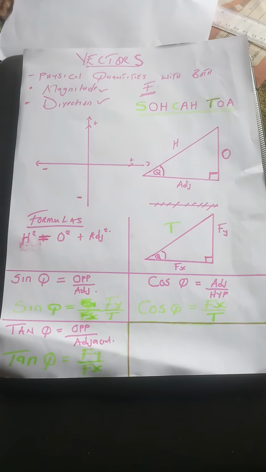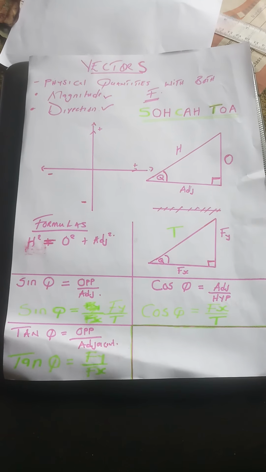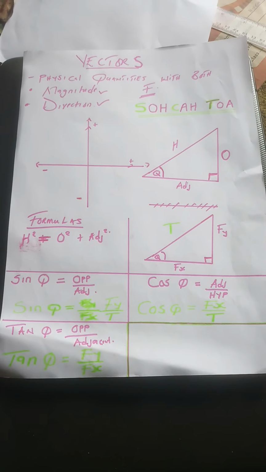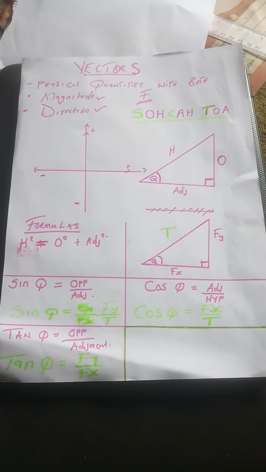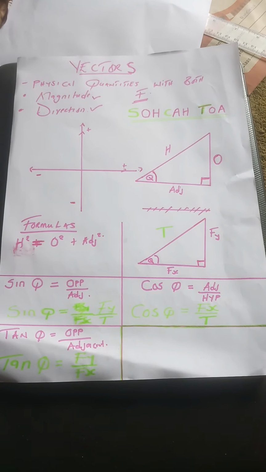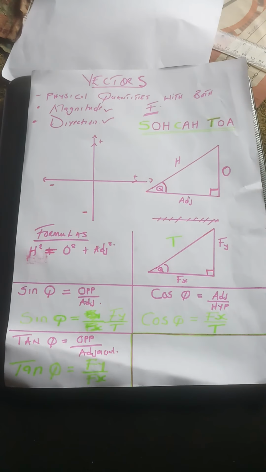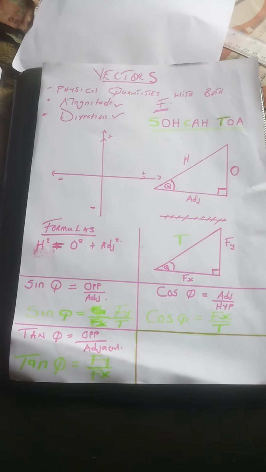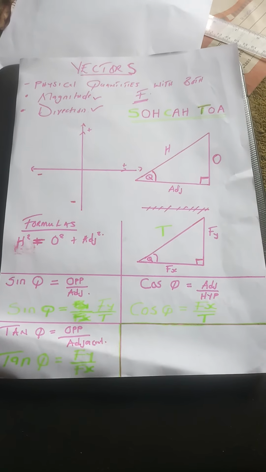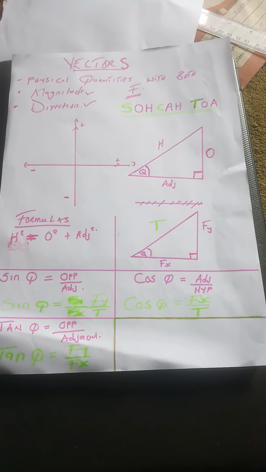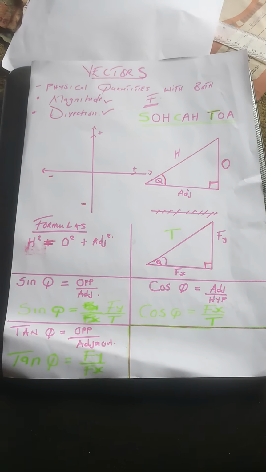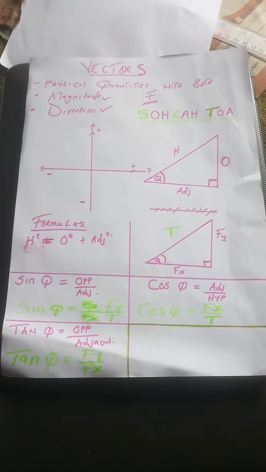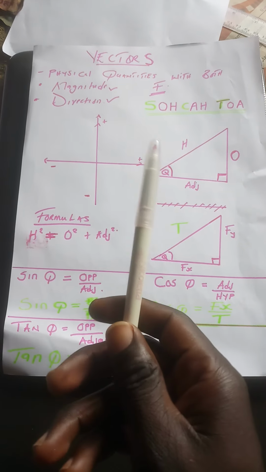I have insisted on using force because this is the principle of what we'll be solving in this topic of vectors. So if you don't want to have problems with solving vectors, you have to know these two structures.